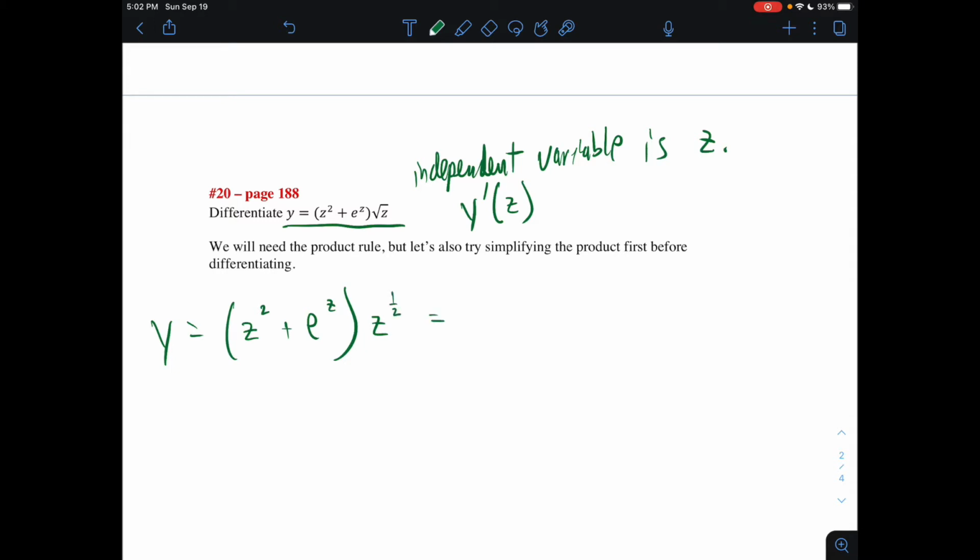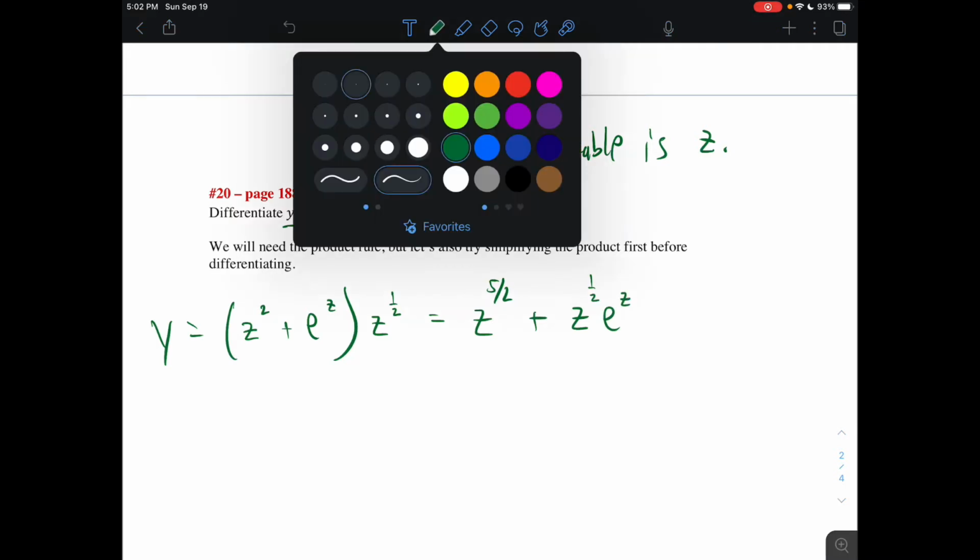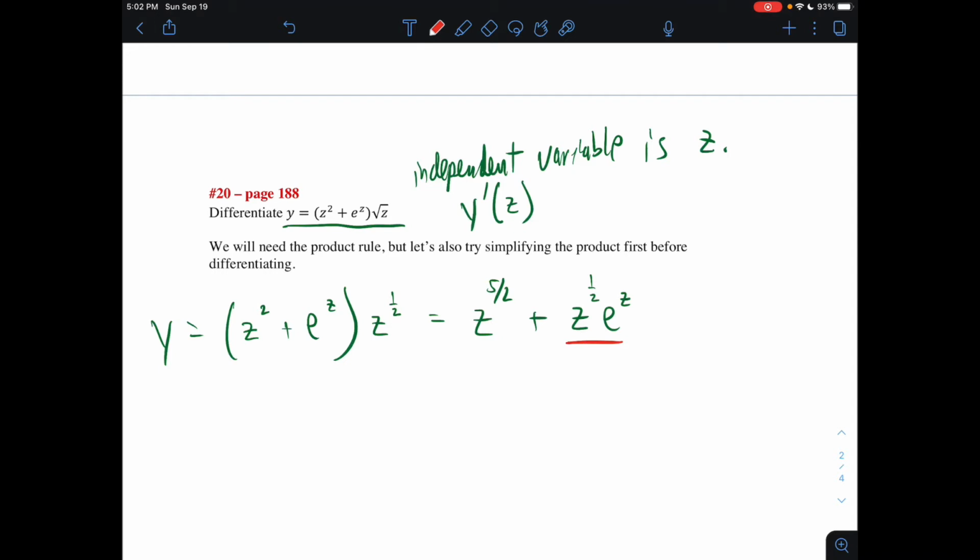So it might be easier if we multiply first, because then we'll have a power of z, which in this case will be z to the 2 plus 1/2, which is really 5/2 power, plus z to the 1/2 times e to the z. And this time, in this product, we are going to need the product rule.